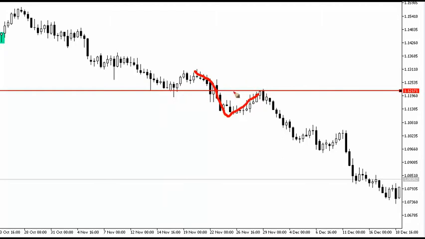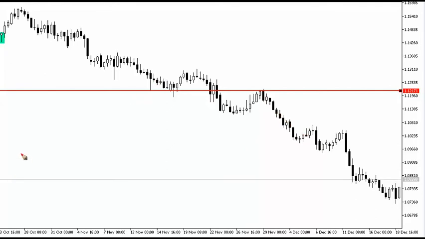I'm looking now for this old support to act as resistance, and as you can see, price does pull back, and we get a nice bearish engulfing bar to indicate that this level is now holding and is acting as resistance. So I'm using a key level and then the price action to trigger me into a trade, and as you can see, price then pushes on lower.